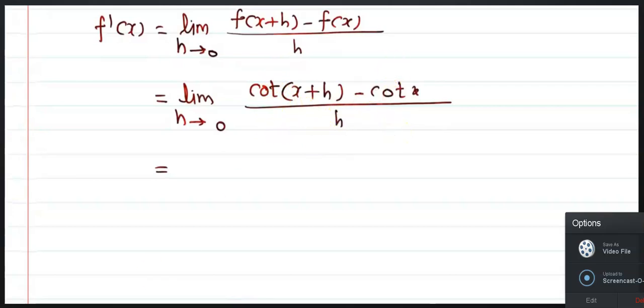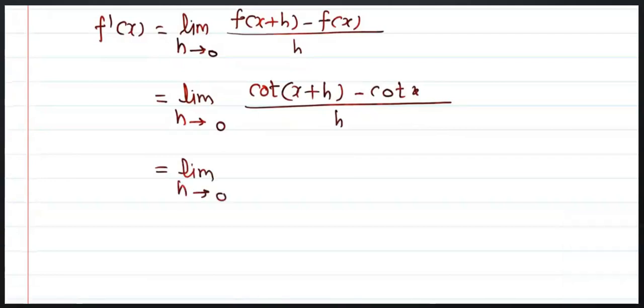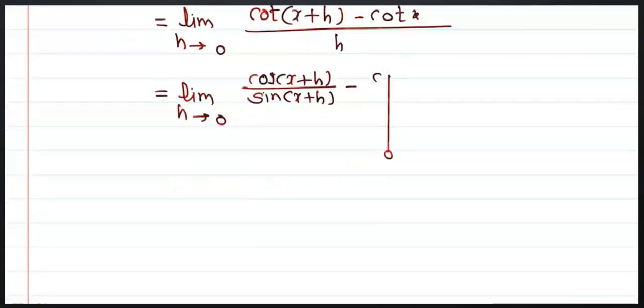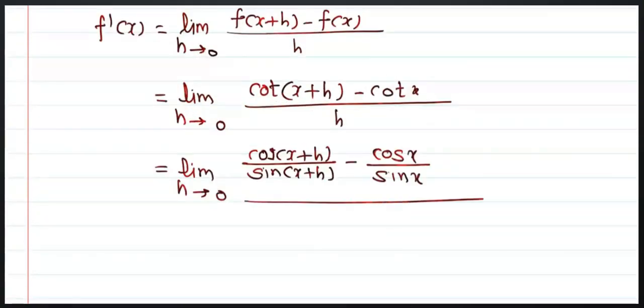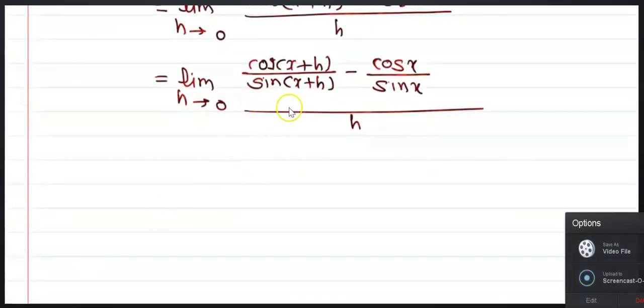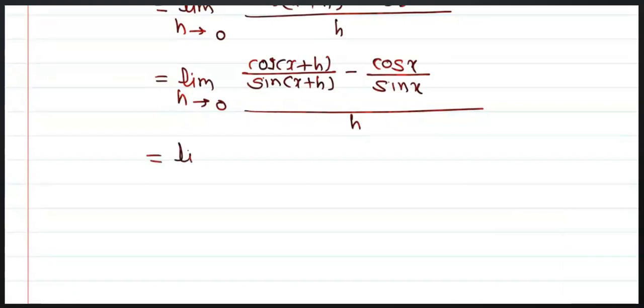Next the cross multiplication, the whole divided by h. Now make here cross multiplication. After the cross multiplication, you will get sine of x into cos of x plus h minus cos x into sine of x plus h.